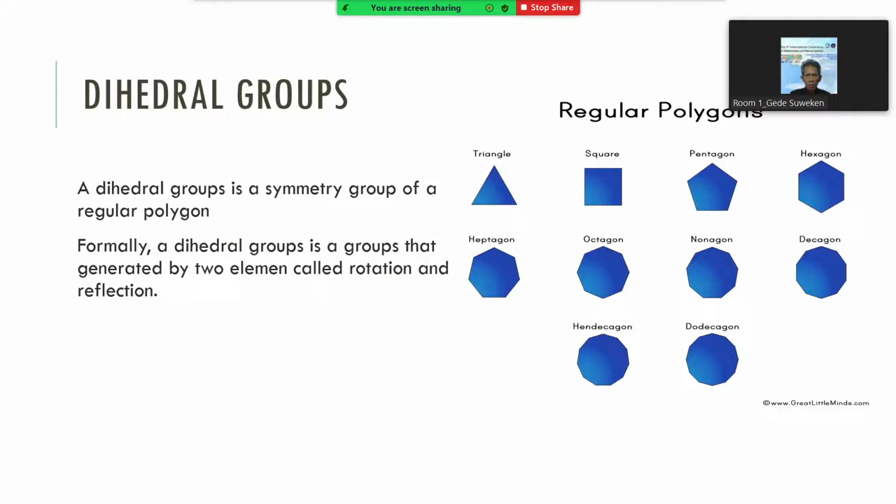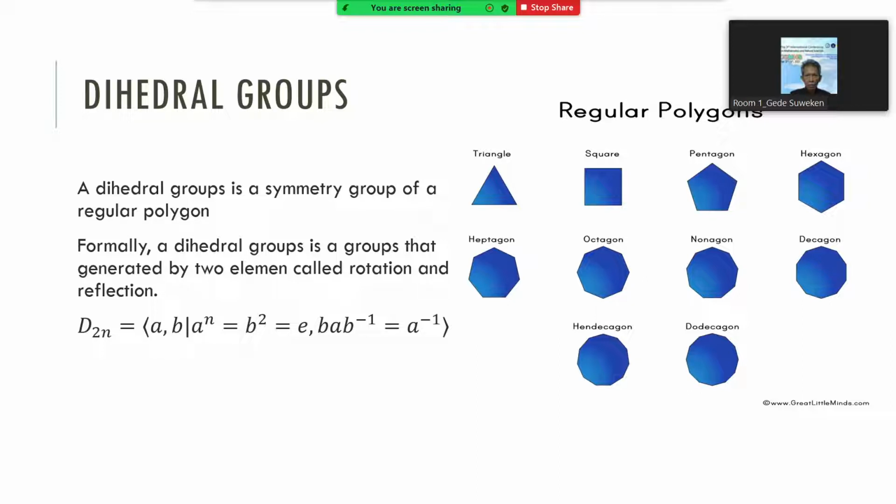Formally, a dihedral group is a group generated by two elements that we call the rotation element and the reflection element. And we give the notation D_2n. n means that the order of the rotation element is n, and the order of the reflection element must be 2.